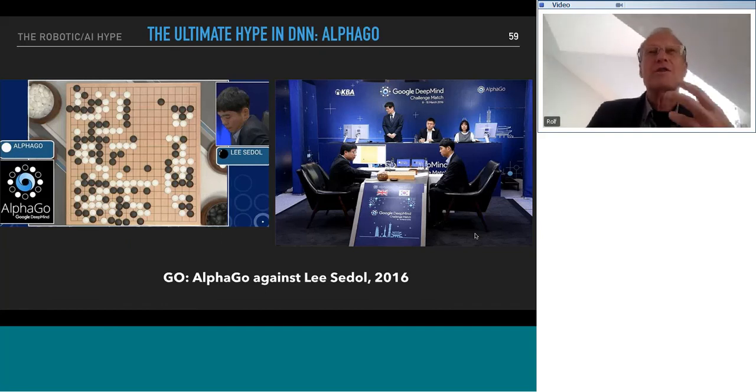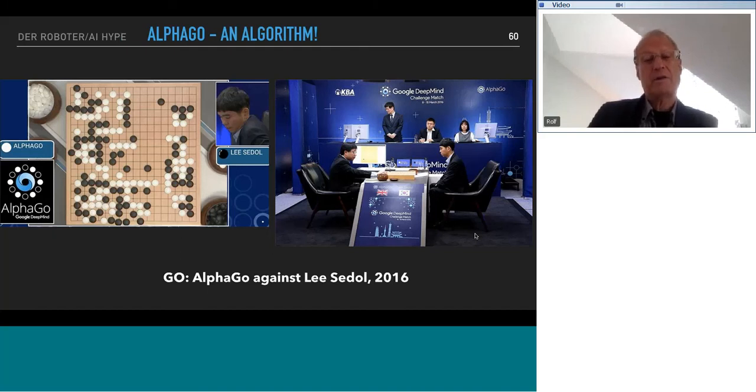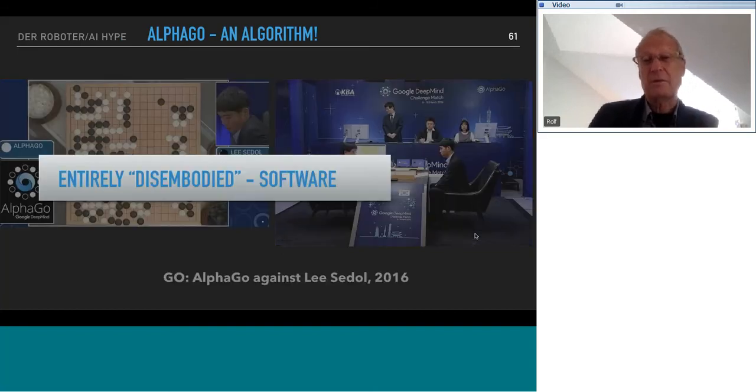So it acquires knowledge without humans having to program the whole thing, and that's of course very fascinating. We have to be aware that AlphaGo is still an algorithm, and it's entirely disembodied. There is no interaction with the real world whatsoever.